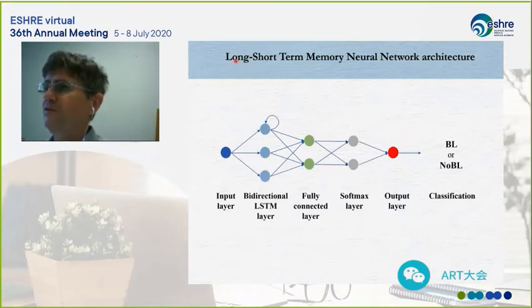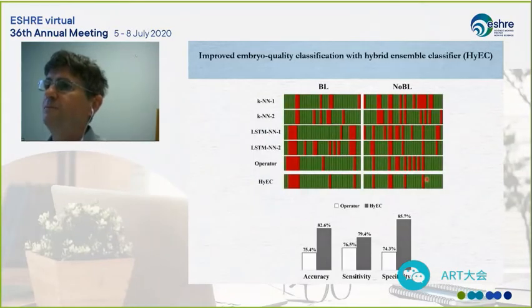This is another type. If you remember, before we used the feed-forward artificial neural network, this is called a long short-term memory neural network, which was capable of, and you can see here in the next slide, highlighting a difference between the two types of embryos, the developmentally competent and the incompetent.